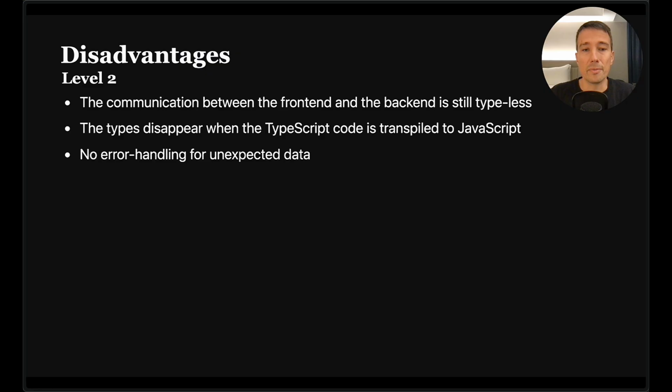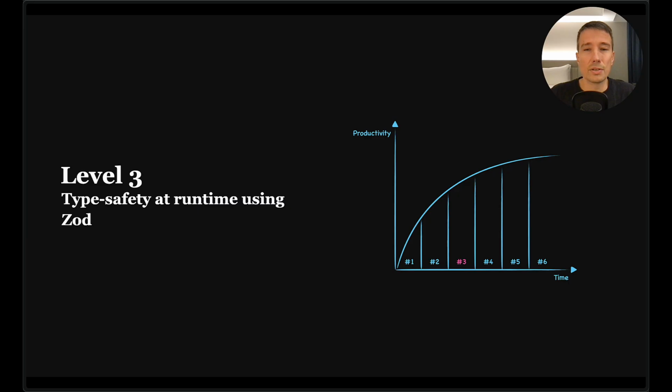This means if the backend sends or expects data in a different format, we are currently not able to deal with this, and our application may behave in an unexpected way. So, for example, the list of tasks will remain empty, or submitting the form for creating or updating a task just won't work.